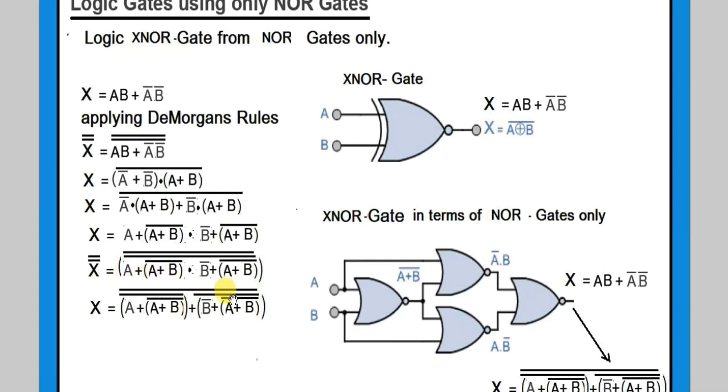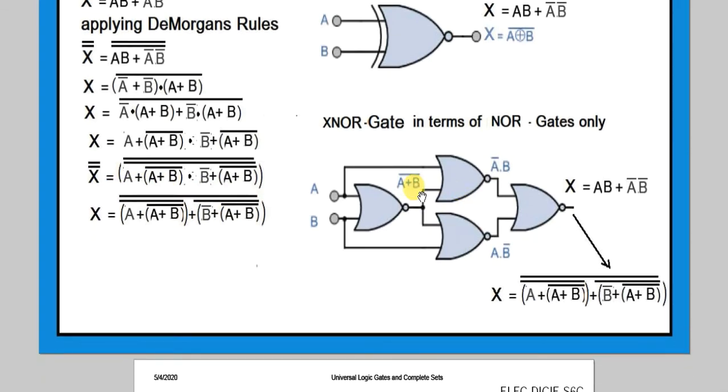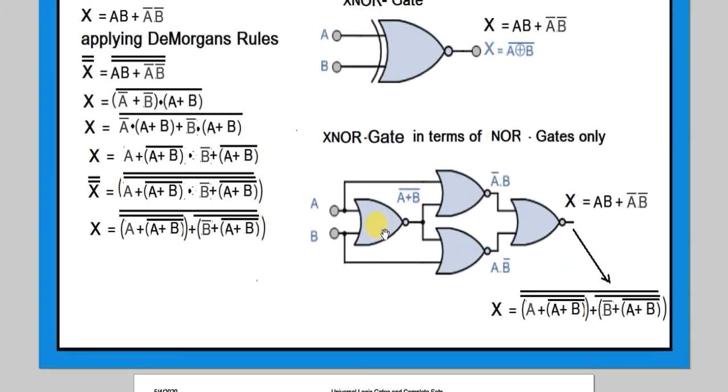Here we have the first gate, which is A plus B complement, we need this one, and then this A plus B complement with the A. So it is A plus AB whole complement from this side, which will give you A complement dot B, and from this side we get the B complement.